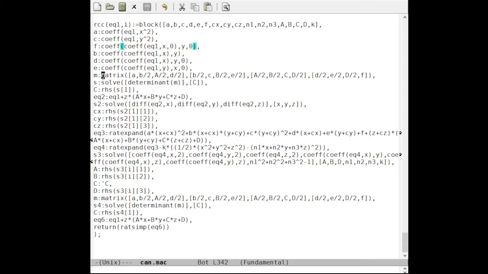Then we make a matrix of the quadratic form, a 4 by 4 matrix, where we have the W in.